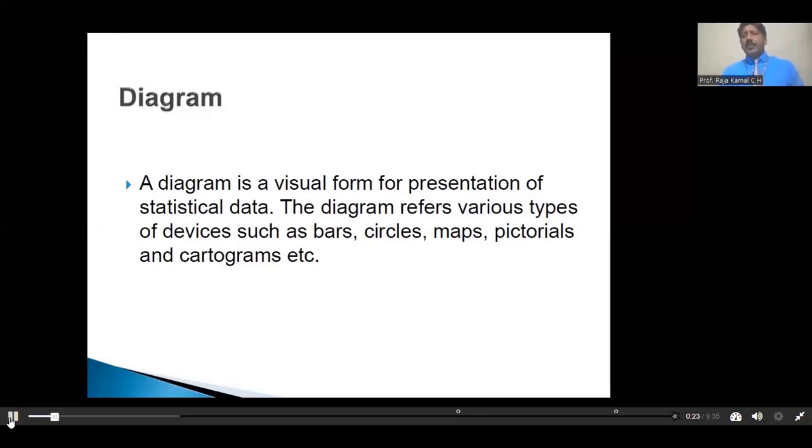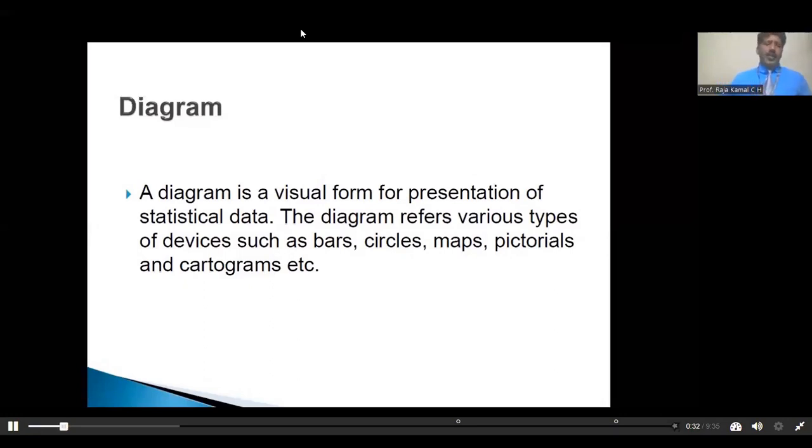The diagrammatic representation of statistical data is very attractive, it gives a lot of information, and it can be easily understood. If the data is huge, it can be presented in the form of a diagram, converting that huge data into a simple form. This is the use of diagrams.